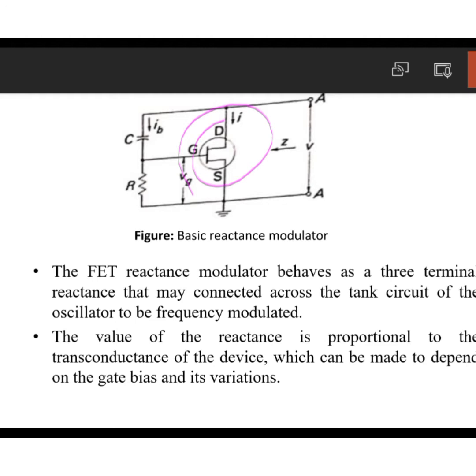So the following discussion is based on some assumptions. The IB current is negligible as compared to the ID current.